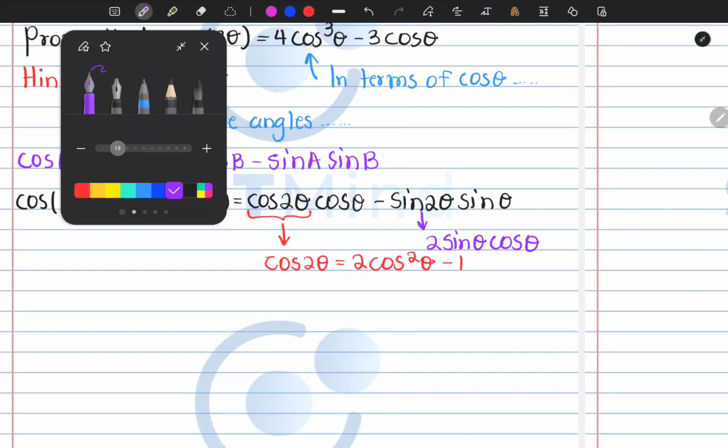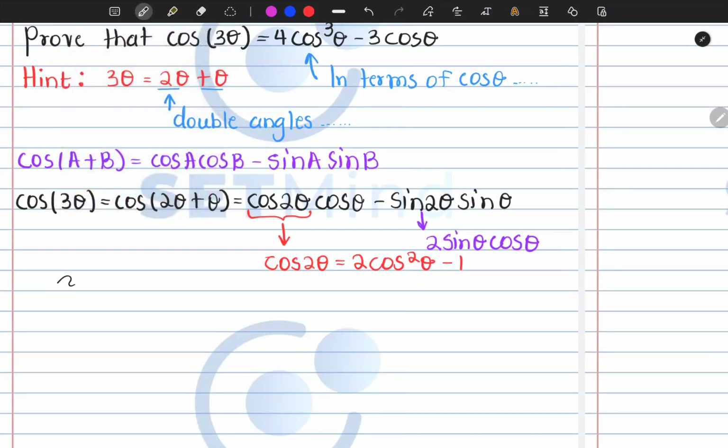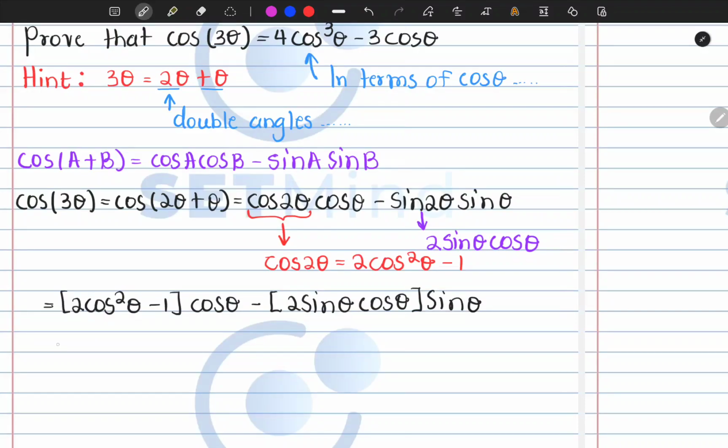Okay, so let's go and plug back. So if you look carefully, for the cos 2 theta stuff, we're going to have cos squared theta minus 1 multiplied by cos of theta. And this is going to minus, if you look carefully, we have sine of 2 theta, which will be 2 sine theta cos theta, and this is multiplying sine theta.